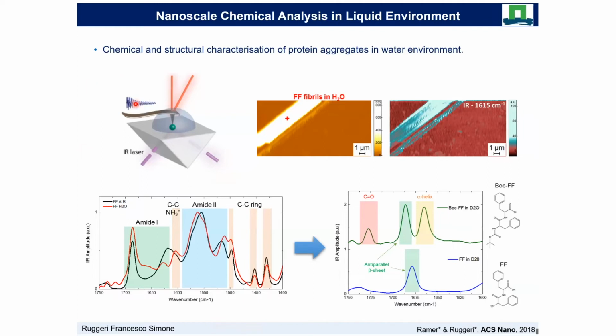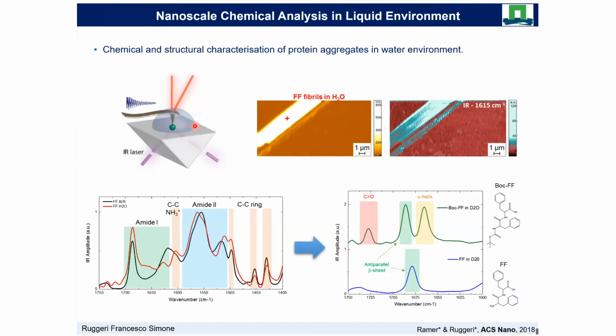To do so, we used a total internal reflection setup. The laser is sent from the bottom onto our sample, and an evanescent wave goes into the sample at the surface with our proteins.